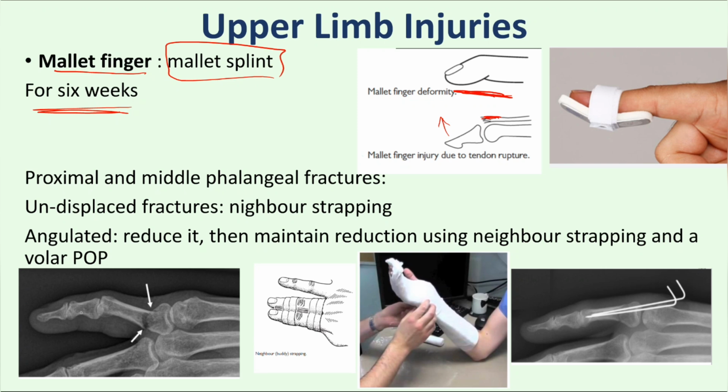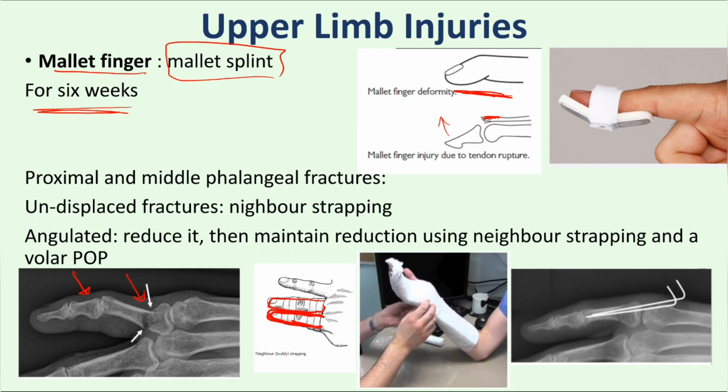For fractures of the proximal and middle phalanges, if it is undisplaced, just do a neighbor strapping. I mean, if this is the fractured finger, also involve the other normal finger and do a neighbor strapping, and that's all.